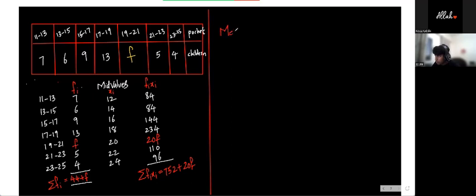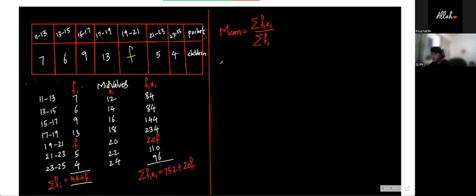Correct? Yeah. Then the same formula we have to use. Mean is equal to sigma fi xi divided by sigma fi. In this question, the following distribution shows the daily pocket allowances of children of a locality.